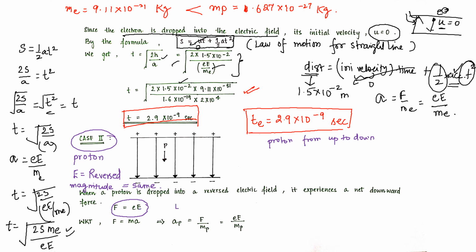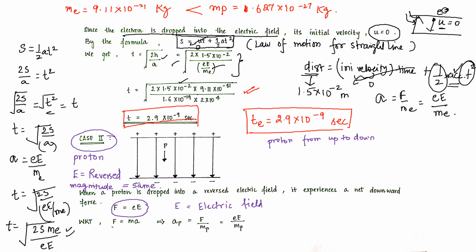Here capital E is electric field. When the proton is dropped into a reversed electric field, it experiences a net downward force.